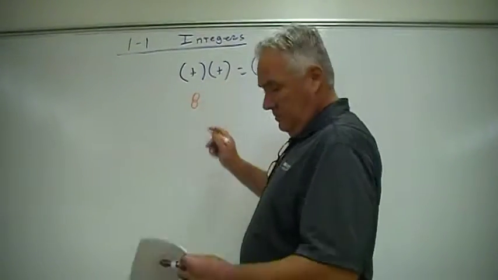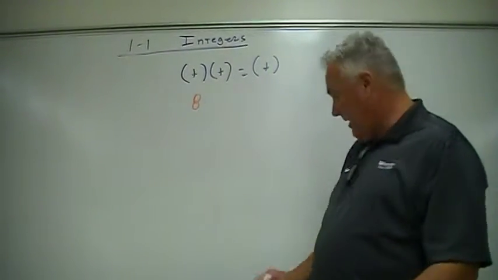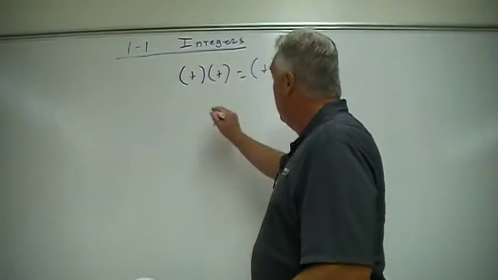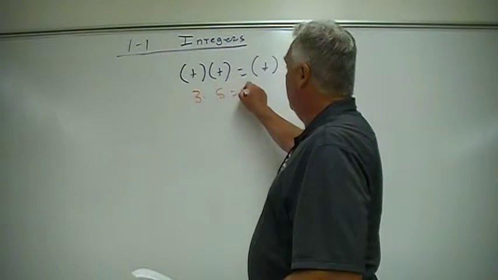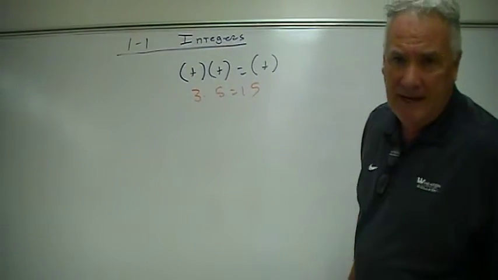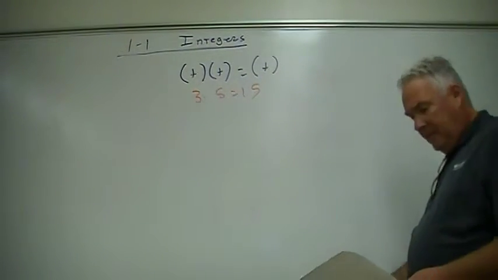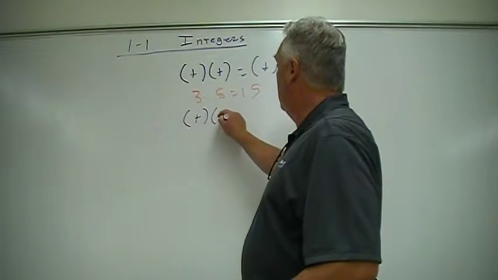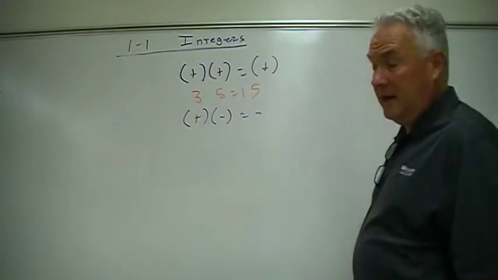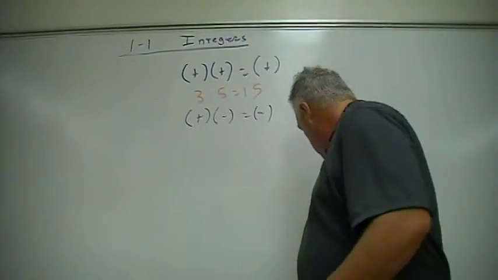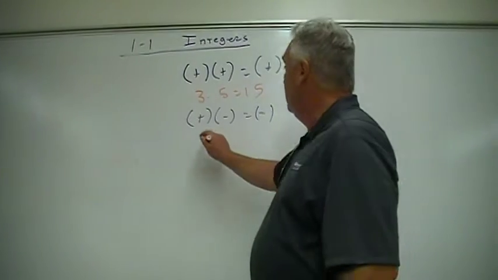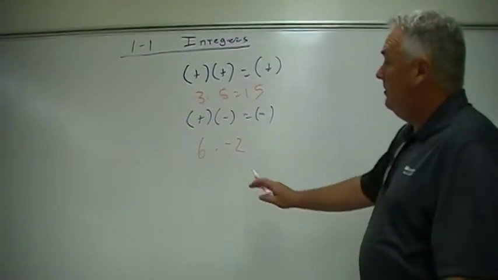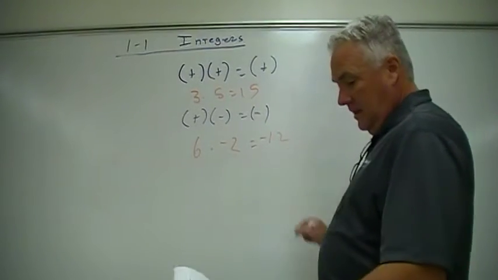The example that I've given you down at the bottom is 3 times 5 equals 15. What you learned back in elementary school. Okay? So, positive times negative equals a negative. And the example on that is 6 times negative 2. Positive times negative, negative 12.